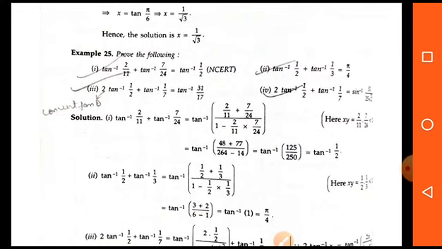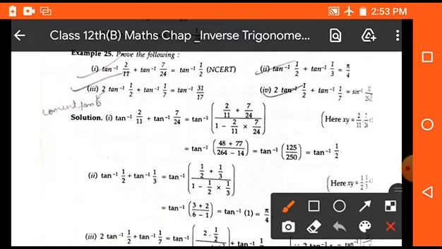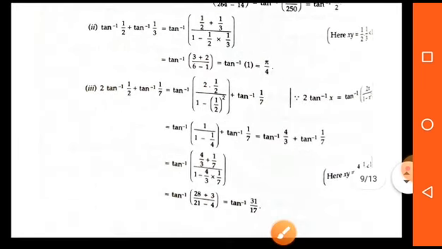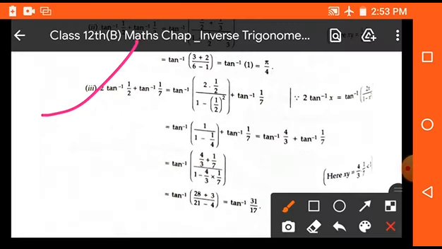Now student, we will discuss one another question. This is 2 tan inverse 1 upon 2 plus tan inverse 1 upon 7 is equal to tan inverse 31 upon 17. Here we have to prove it. So student, 2 tan inverse 1 upon 2 plus tan inverse 1 upon 7 will be equal to tan inverse 2 into 1 upon 2 upon 1 minus 1 upon 2 whole square, by using the formula 2 tan inverse x is tan inverse 2x upon 1 minus x square.